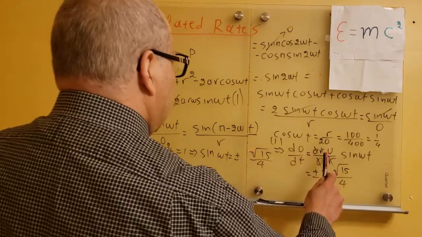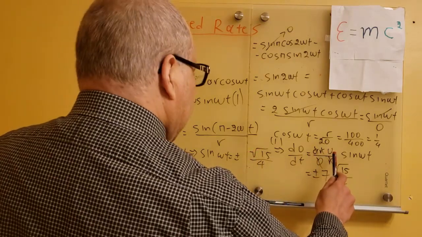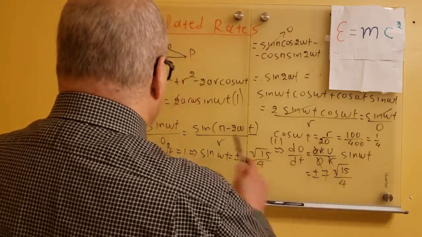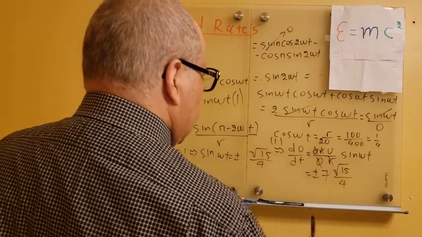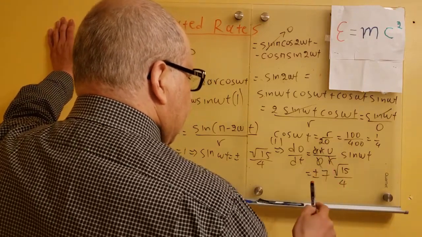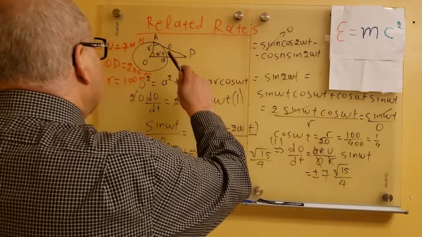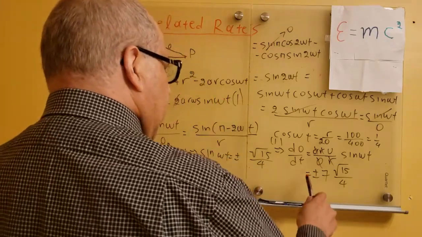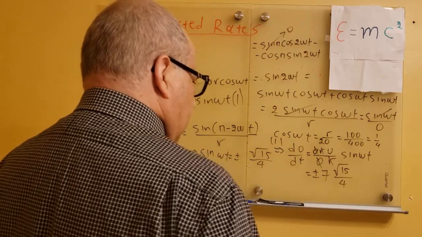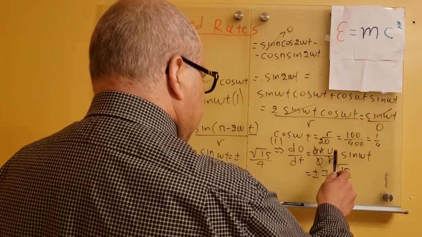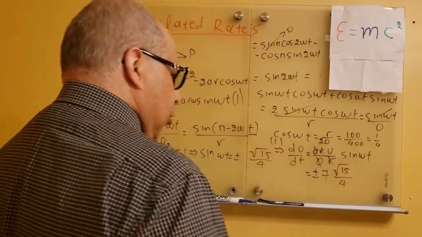a r omega, sine omega t, over o. Omega is v over r. So the r with the r cancel, and the a with the o cancel, since A is this and o is this, they're actually the same. If you put everything together, the only thing left is v, the velocity, times sine omega t.